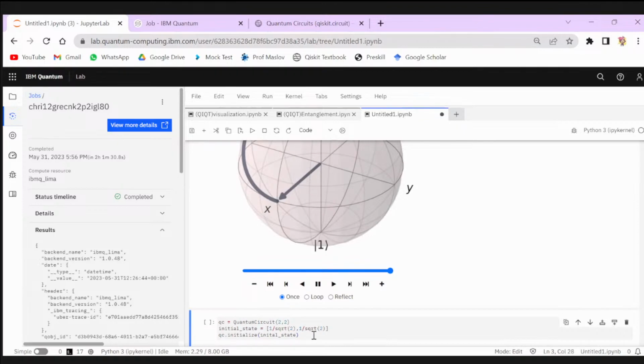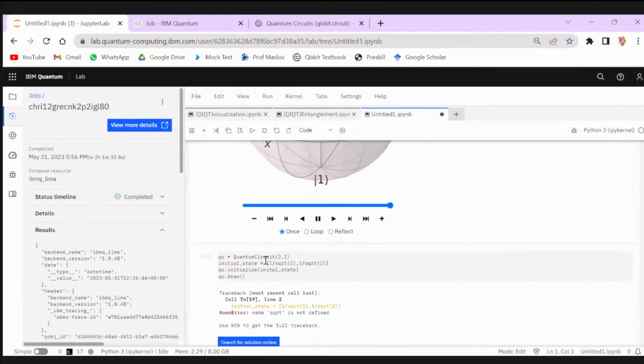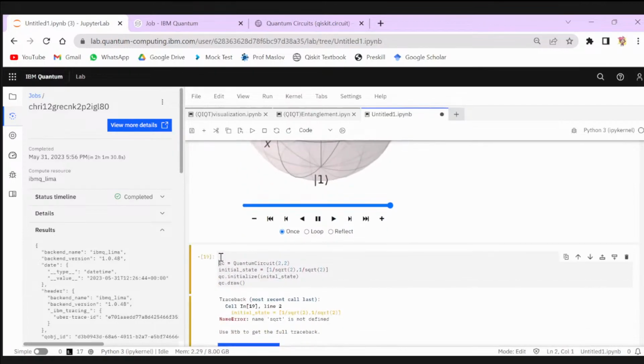With this initialize function, we can initialize any state. Let's try to draw that. We have to import the square root from math. Let's import the square root.